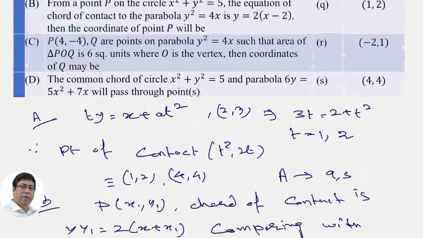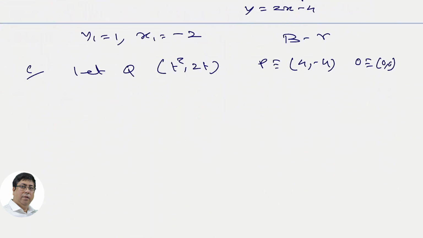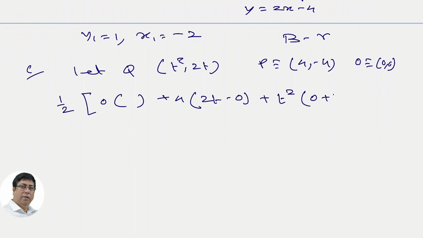Just what we have to get here, that area is 6. So let us find the area. To get the area, we can use the determinant form as well as normal form, because O, origin is there. So 0 into whatever 0 plus 4 into 2t minus 0 plus t square into 0 plus 4 equal to 0, equal to 6 here, given to us 6.